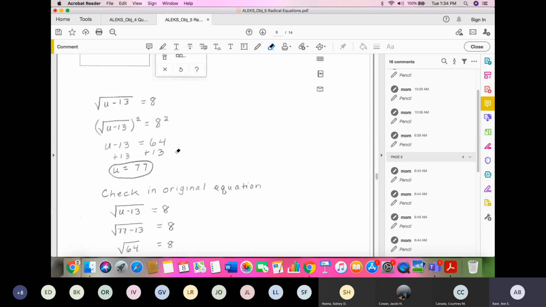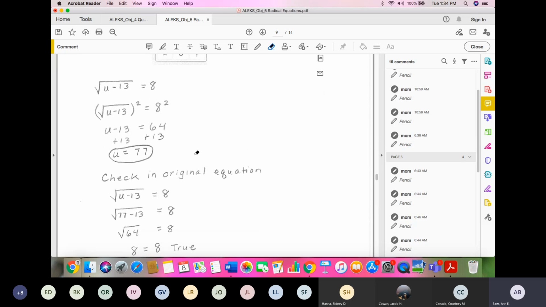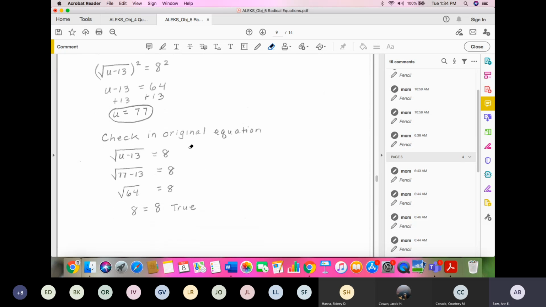Now what we have done is the radical was isolated. We did square both sides, we did solve, and we now need to check. So we're doing 3 of the steps. Check in the original equation. Here it is. The original is right here. We plug in 77 for u. 77 minus 13 inside the square root turns out to be 64.